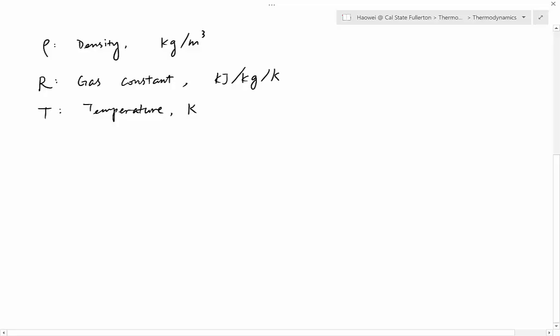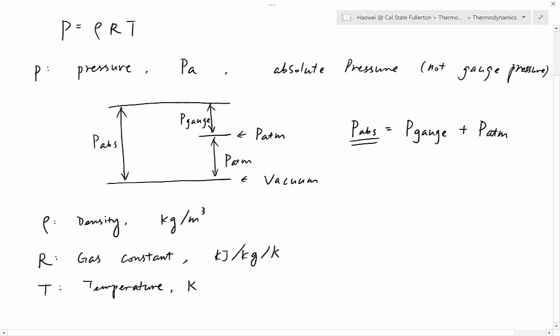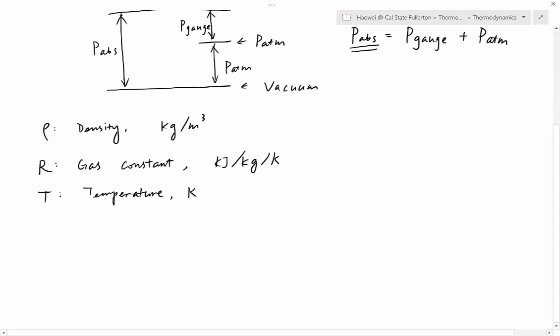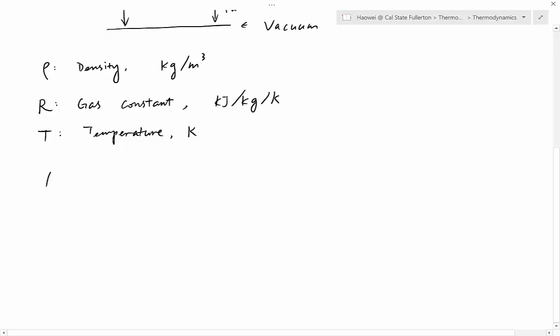Like we said in the beginning of this video, ideal gas equation has many different formats. The first one we introduced here is P equal to rho RT, and it has many alternatives. So what are the alternatives? Let's recall, we start from P equal to rho RT. The first alternative is to move density to the left-hand side.